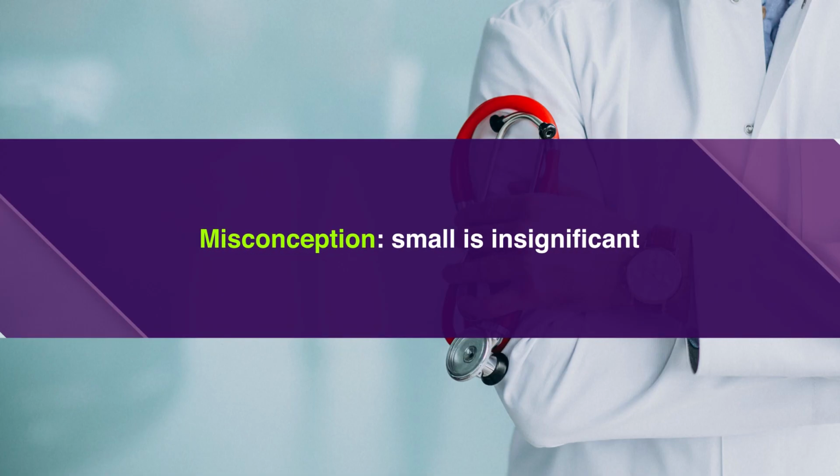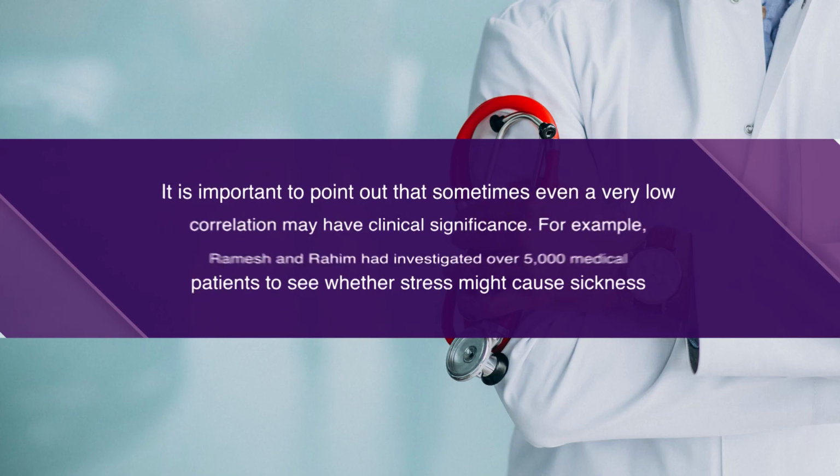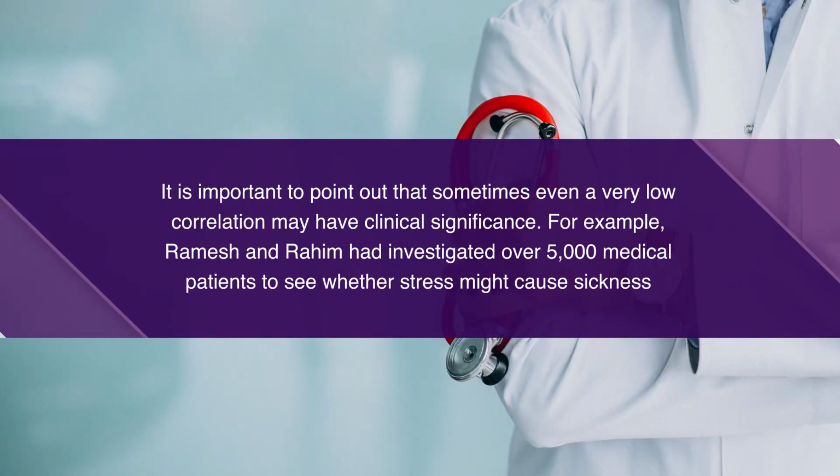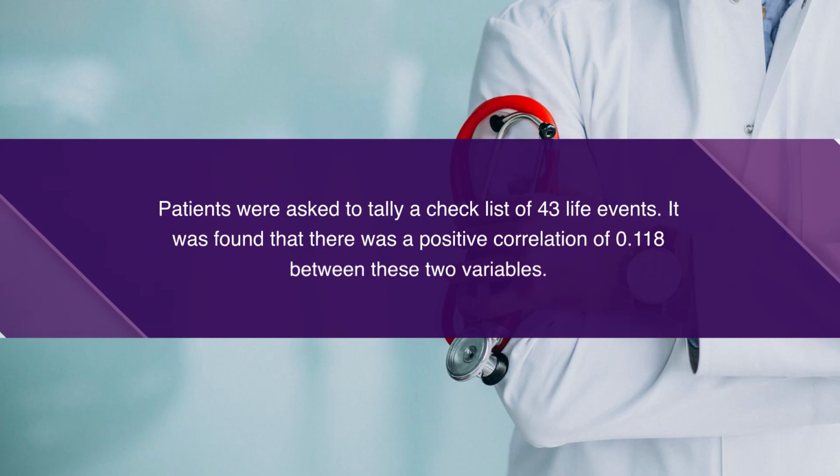Now there are certain misconceptions about small, somewhat insignificant correlations, and it is important to point out that sometimes even a very low correlation may have clinical significance. For example, two researchers, Ramesh and Rahim, investigated over 5,000 medical patients to see whether stress might cause sickness, and patients were asked to tally a checklist of 43 life events.